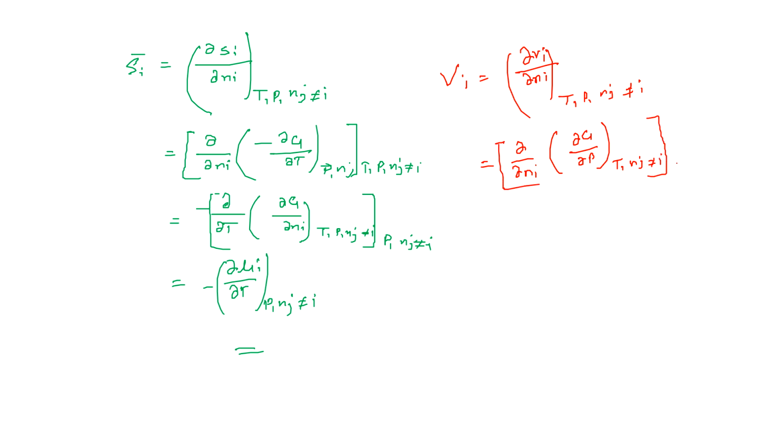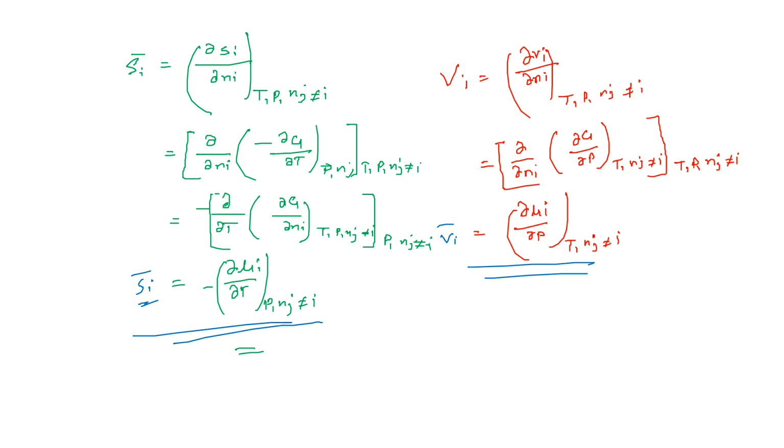So based on Euler's theorem of reciprocity, what we'll get is d mu i by dP at constant T, Nj not equal to i, right, and this is Vi bar. So these two equations are very important in terms of examination, because sometimes these expressions have to be derived in the examination.